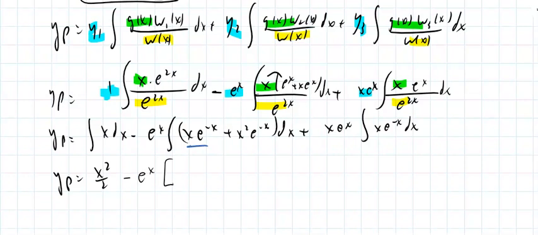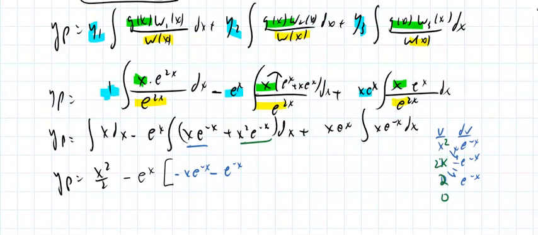And I notice that if I take this piece, let u equal x, 1 and 0, dv be e to the negative x, e to the negative x, and e to the negative x. That's a plus, that's a minus. So that's going to be negative x e to the negative x minus e to the negative x. This piece, if I start with x squared, that will be 2x, that will be 2, and that will be a 0.